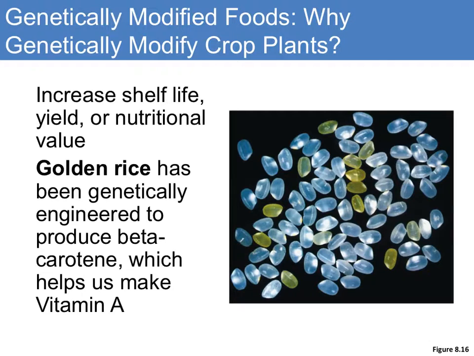But what they've done with this rice is they've actually inserted a gene from another organism that makes something called beta-carotene. And beta-carotene is actually a type of vitamin A, and this gene is expressed in this rice that people are growing, and it's called golden rice.